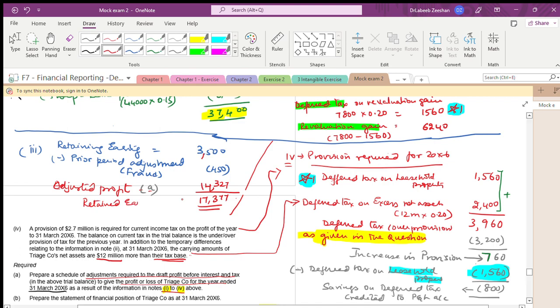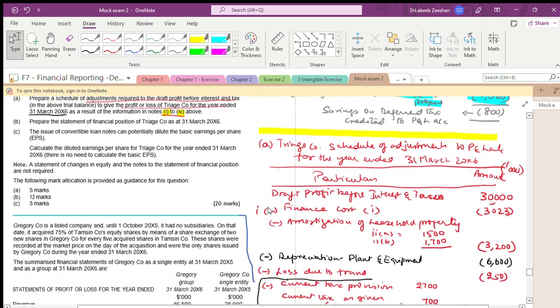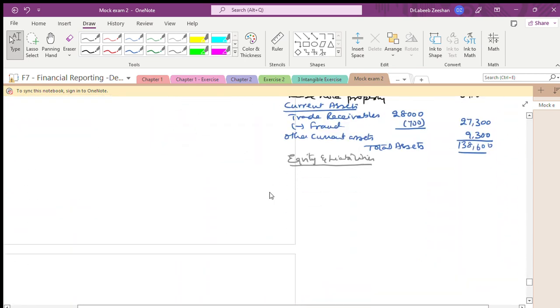This is the retained earnings closing balance. Is it right?